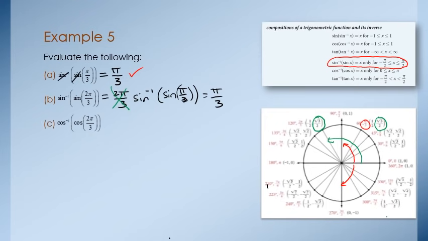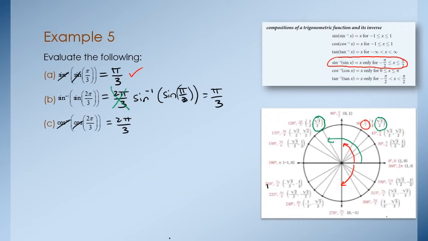Part C says cosine inverse of cosine of 2 pi over 3. I'm hopeful that these two cancel out and I get an answer of 2 pi over 3, but that is only going to be the case if I am within that restriction area. So let's see, for cosine, what did we say?